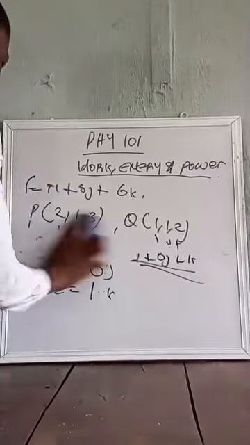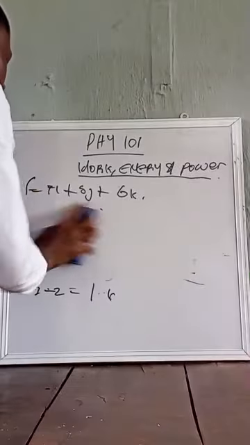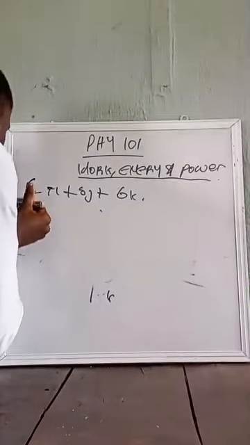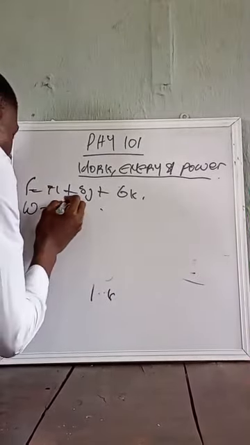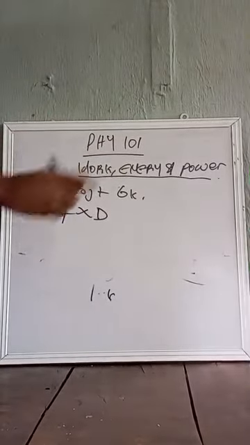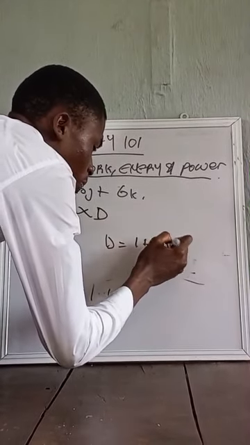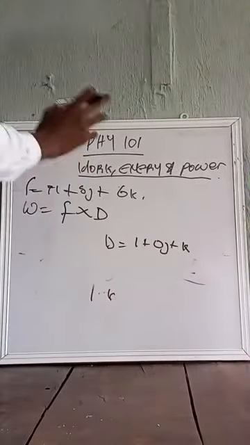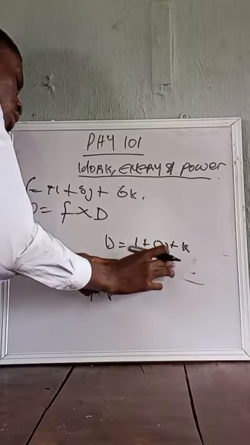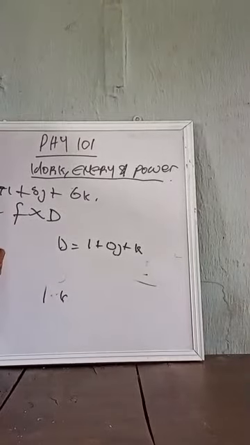So to get my work done, I will say that my work done is equal to force times displacement. Then you don't forget that we have our displacement to be equal to i plus 0j plus k, which we are going to be multiplying with the force component by component.